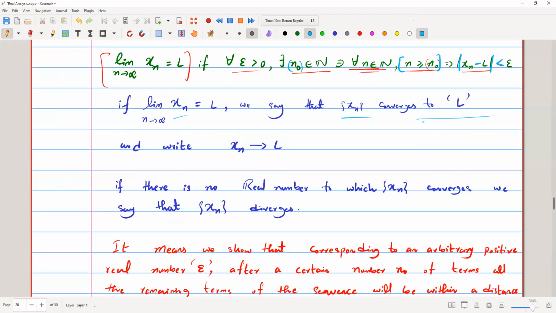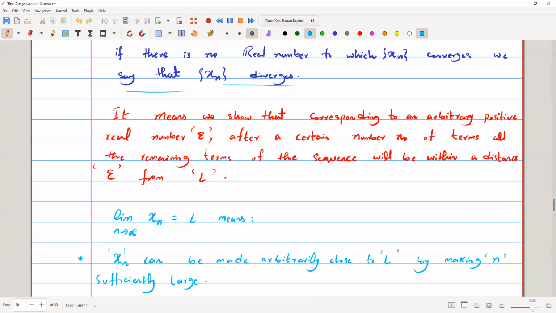We write this notation with an arrow, xn going to L. And if there is no real number to which xn converges, we say that xn diverges. It's simple. We call it a divergent sequence.